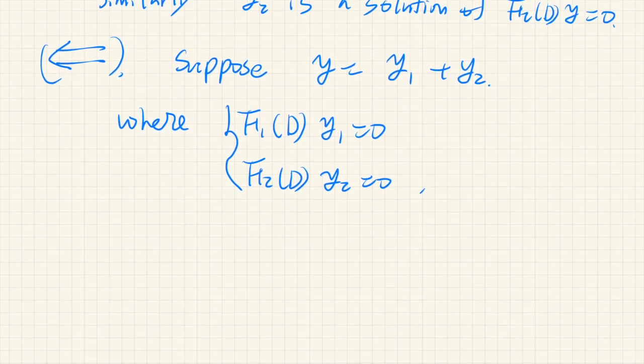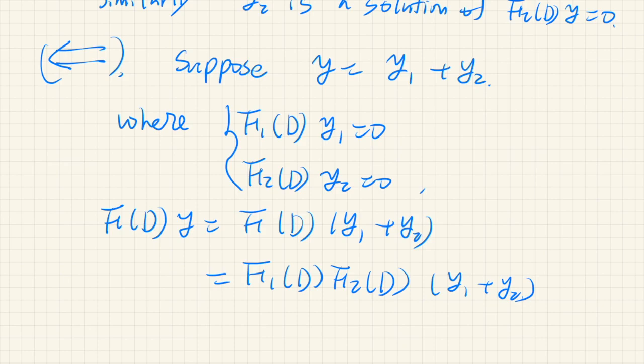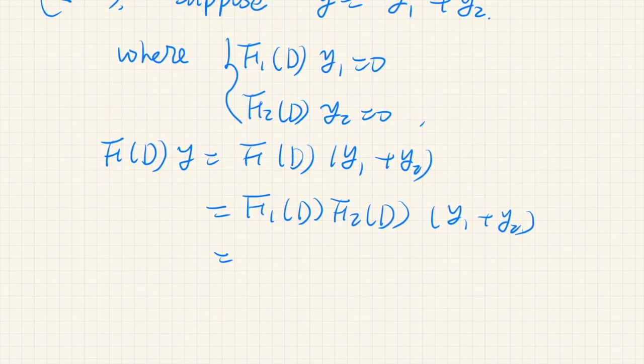Then, f of d applied to y is equal to f of d applied to y1 plus y2, and f of d is f1 times f2 of d applied to y1 plus y2.